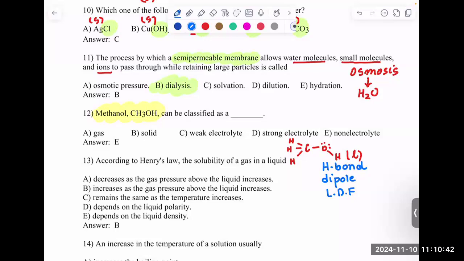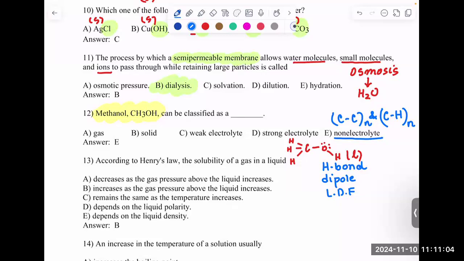Remember, I told you for the non-electrolytes, there has to be a whole bunch of carbon-carbon bonds, and carbon and hydrogen bonds. So that is non-electrolyte.